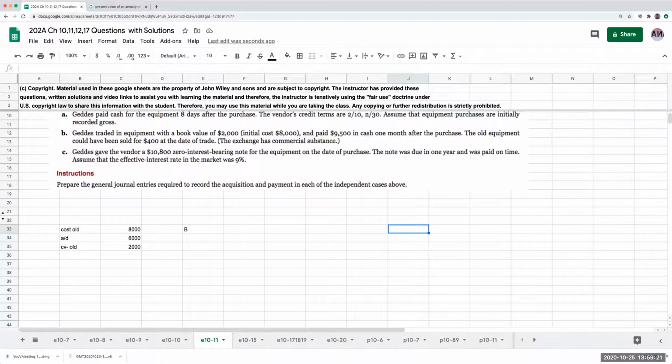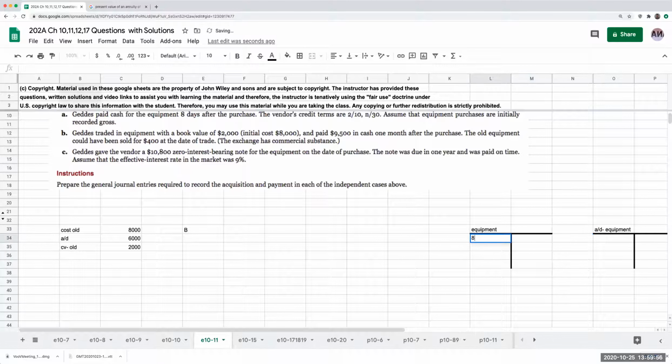And this is what I always share with my students: this is a journal entry you want to memorize. Let's start with the easy part first, when I take equipment off of my books. On my books right now, I have equipment, and then I have accumulated depreciation on equipment.